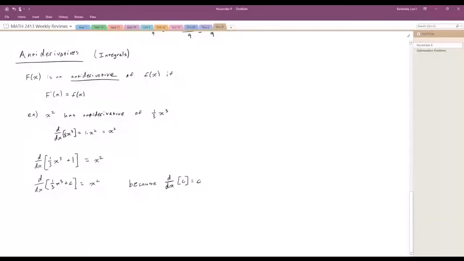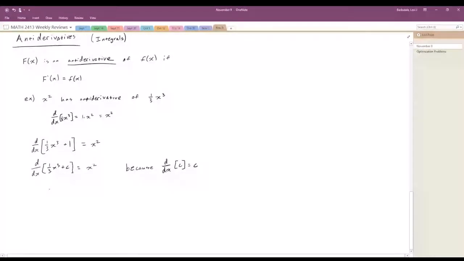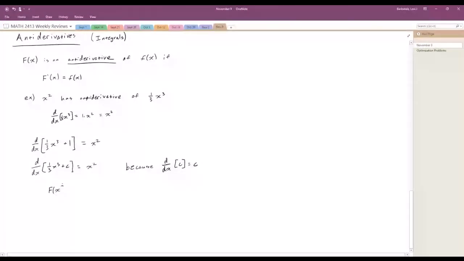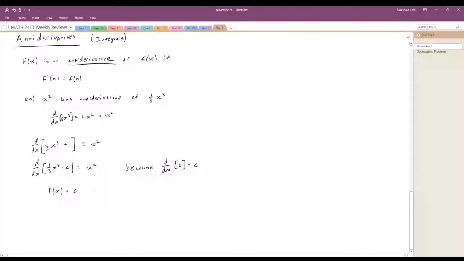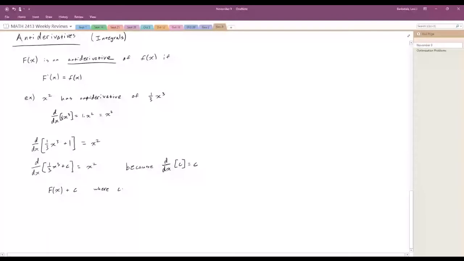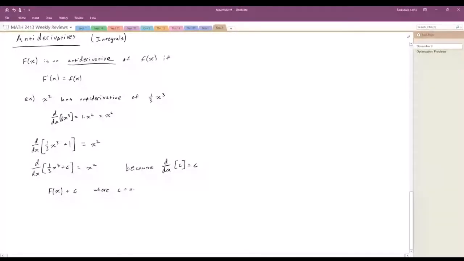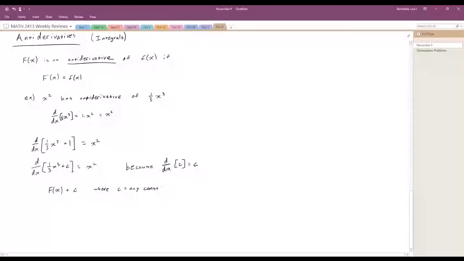So because of this fact, you'll often see that your most general antiderivative is written F of x plus c, where c represents any constant. Because when we take its derivative, it's just going to go to 0, so it needs to be included in our antiderivative to make sure we're accounting for all the possible antiderivatives, but it's not necessarily going to show up in our derivative itself.